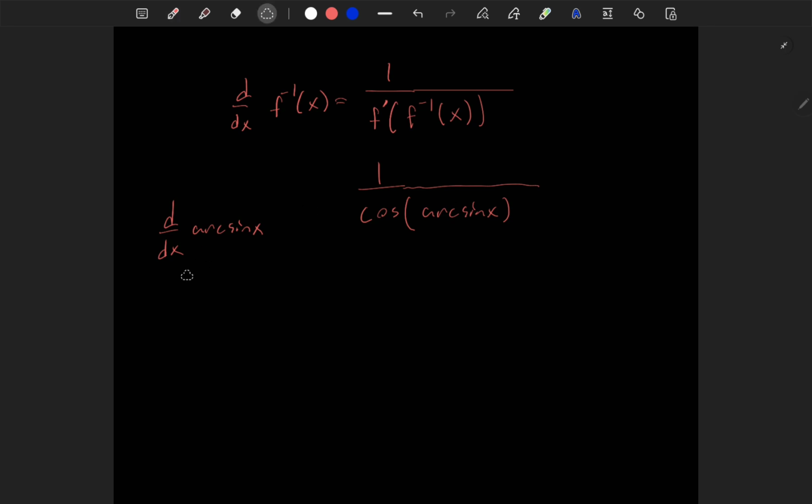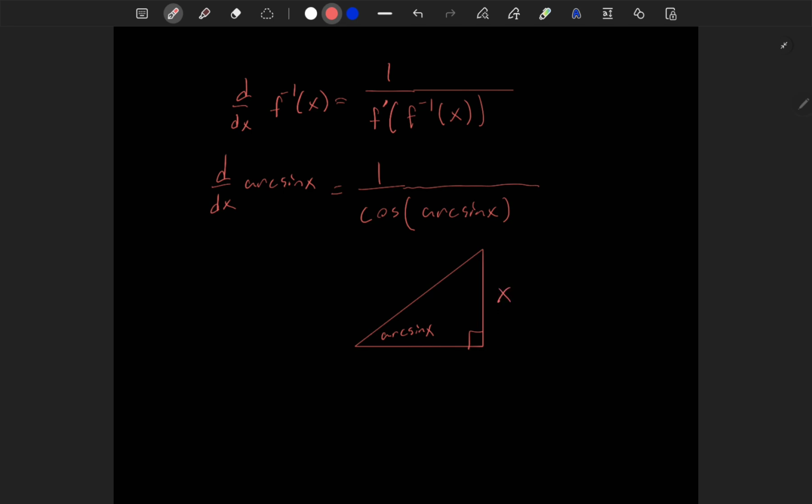Then you end up feeling a little stumped, because you wonder what in the world is the cosine of arc sine. The nice way to solve that is you just draw a right-angled triangle, and arc sine of x is an angle. We can construct this triangle to make that angle arc sine of x.